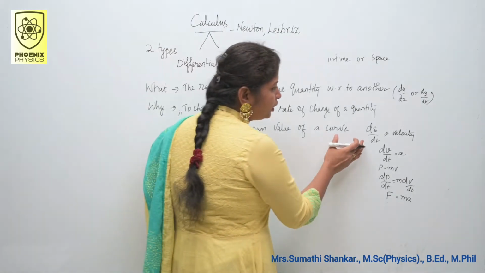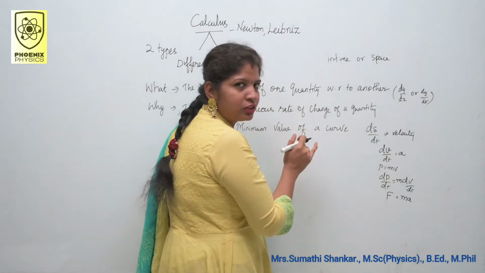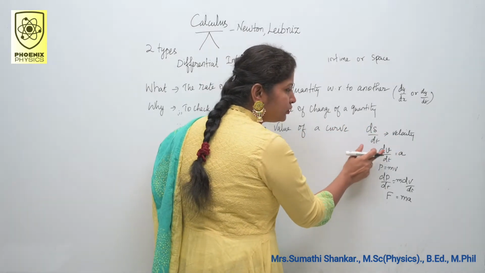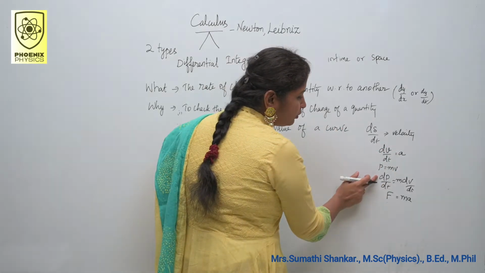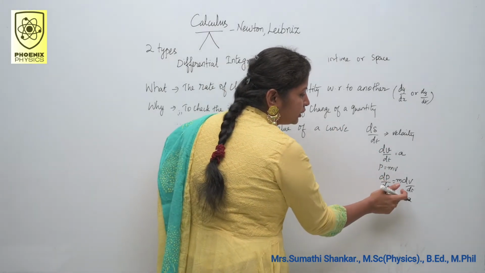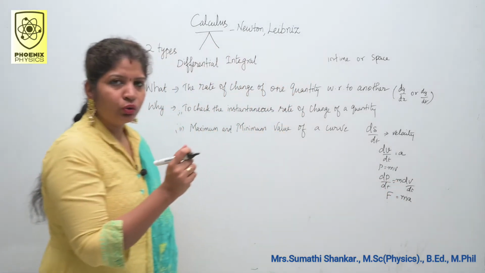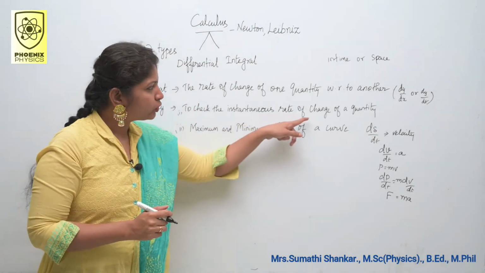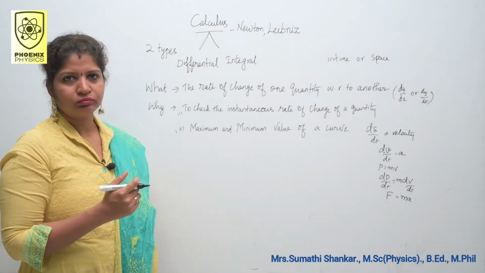So, the derivative of displacement with respect to time gives velocity. The derivative of velocity with respect to time gives acceleration. The derivative of momentum is equal to force. So, the rate of change of one quantity with respect to another gives some relation.